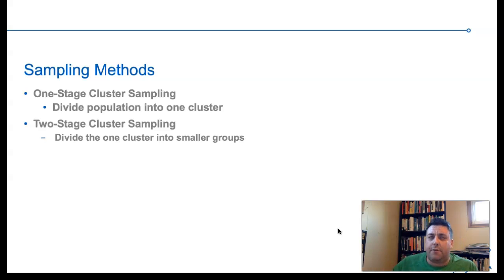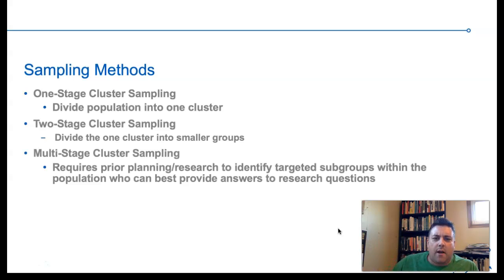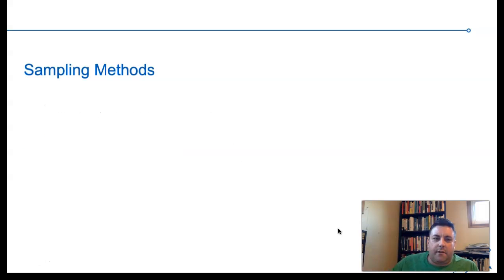If you had a two cluster, you might do gender and over the age of 50 or under the age of 50. So you have men over the age of 50, men under the age of 50, women over the age of 50, women under the age of 50, and you could do that as much as you needed to, and then you would sample from each of those different clusters. And if you did it more, that would be multi-stage cluster sampling.